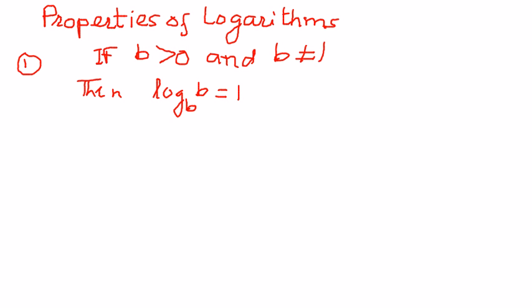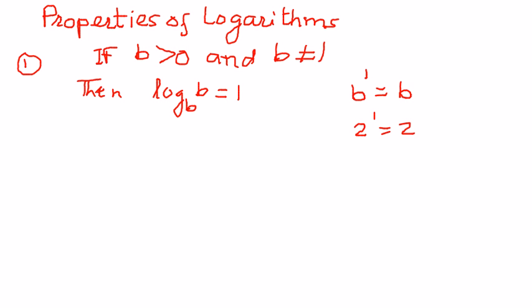Because we know that any number raised to the power of 1 will be equal to the same base value or same base variable. If it is a variable, if it is a number, it is going to be the base number. Okay, so log b to the base b is equal to 1.